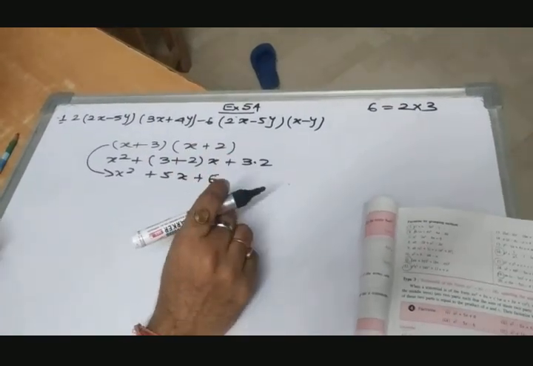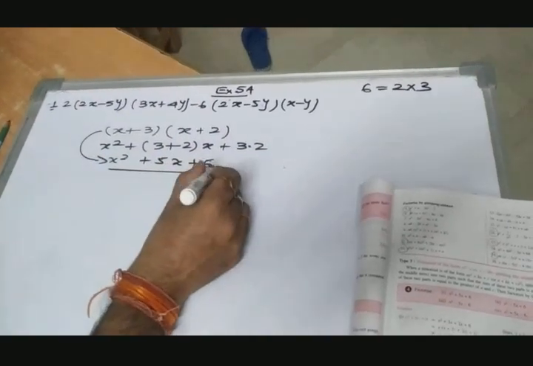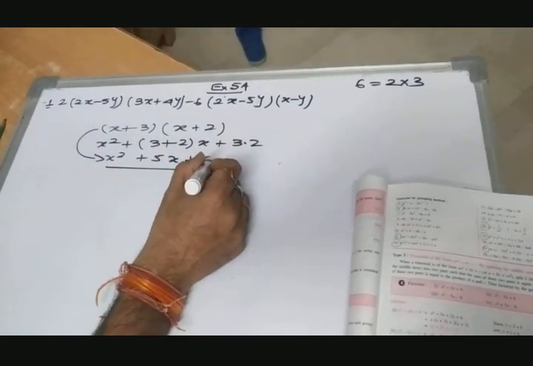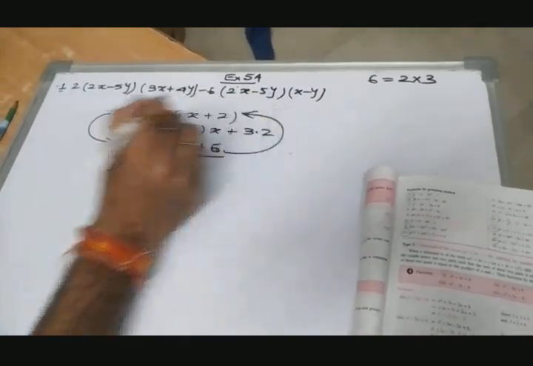But in chapter number 5, factorization, the question will be given in the form of expansion or polynomial. It should be converted into the product form.